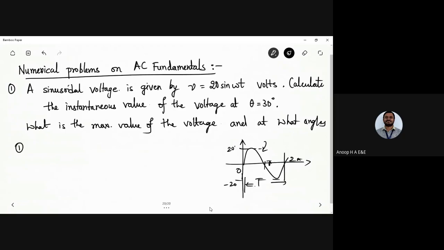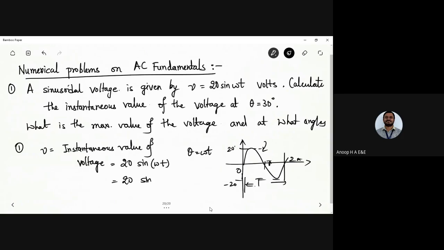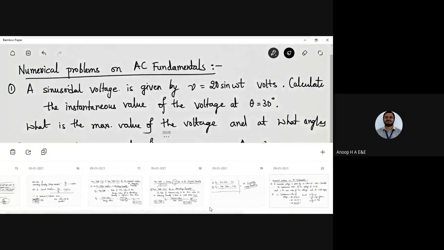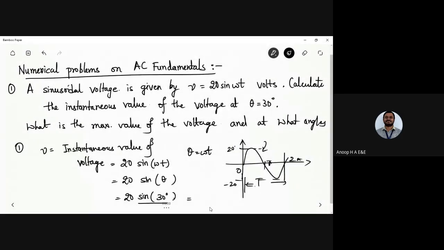To calculate the first one, the instantaneous value of the voltage, V is 20 sine omega t. This theta is with respect to omega t, so I can replace it here. The value of theta is 30 degree, where you have to find the instantaneous value. So 20 into sine 30 degree, and the instantaneous value would be equal to 10 volts.